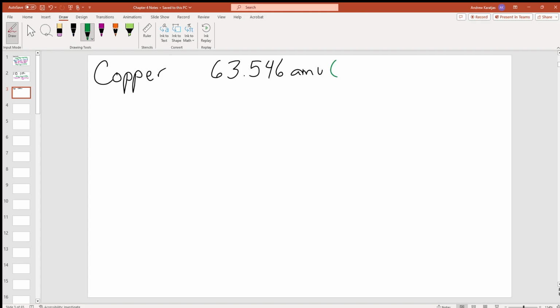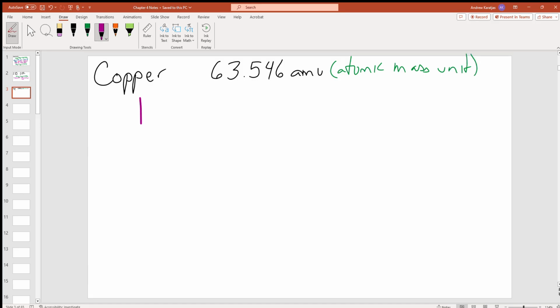AMU means atomic mass units, and 1 AMU is equal to 1.66 times 10 to the minus 24 grams.